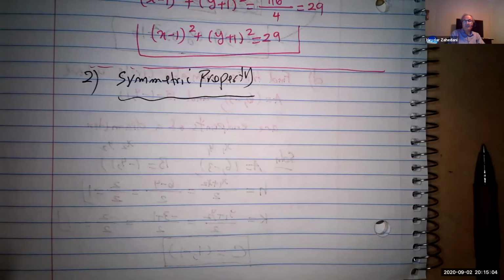You get y symmetric. If you change y to negative y, you're going up and down. Everything stays the same, so the mirror is on the x-axis. So it's going to be x symmetric. But if you change x to negative x, and at the same time change y to negative y, the mirror is at the origin.